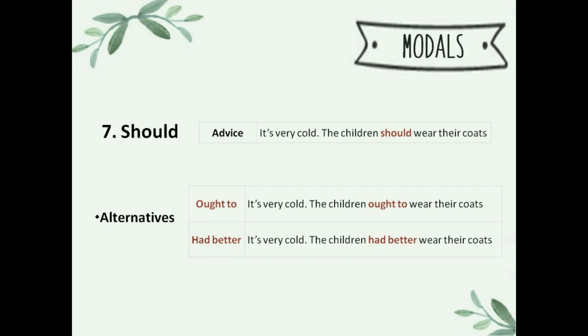One is have to, which is not very common. You won't find this in real contexts, not as much as should. The example with have to is, "It's very cold, the children have to wear their coats." And another alternative is had better, like in, "It's very cold, the children had better wear their coats."